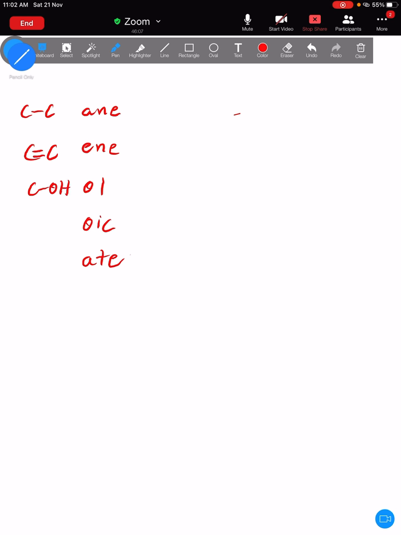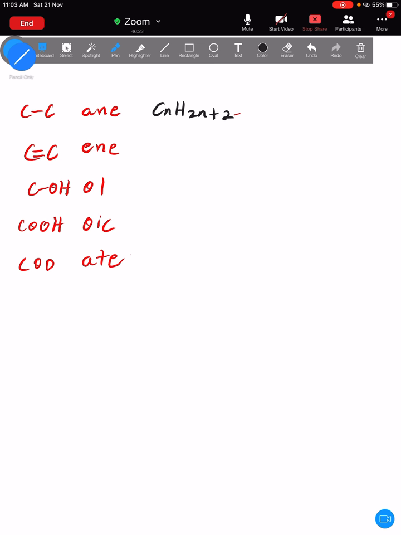Let's have a look. You must remember that you have an, in, all, oic, ate. These stand for carbon-carbon single bond, saturated hydrocarbon, a double bond, unsaturated, alcohol, a carboxylic acid, and also you have an ester. So the formula for each of them. For an, CnH2n plus 2.